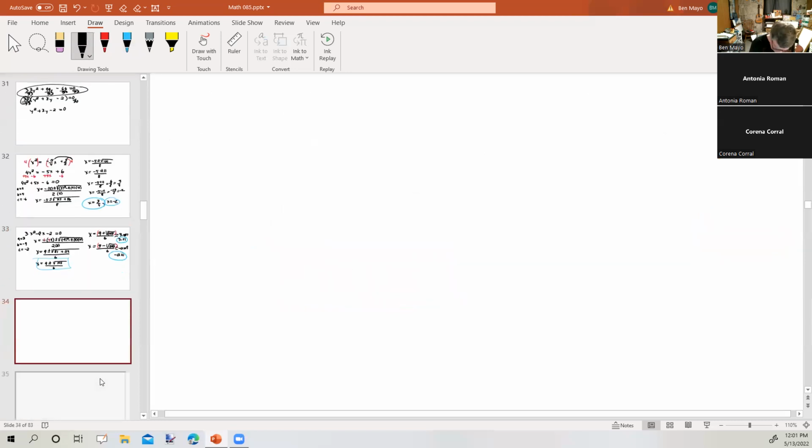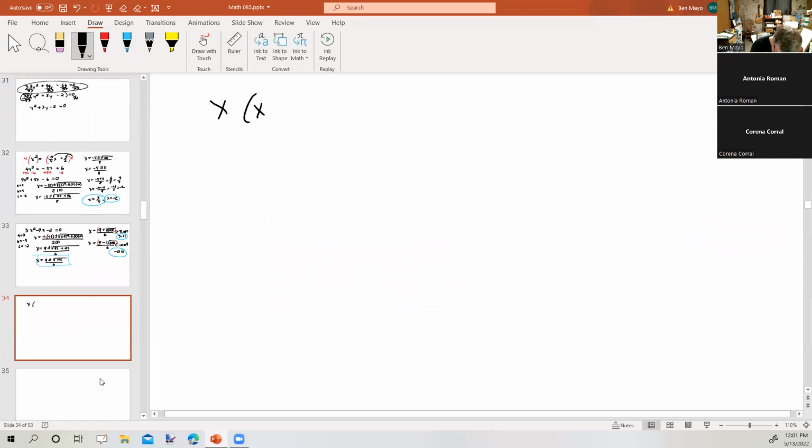Okay. Yes. X times x minus 27 equals 280. So here, we've got to multiply this all out, get everything over on one side to get it into standard form. So I'm going to distribute: x squared minus 27x equals 280.